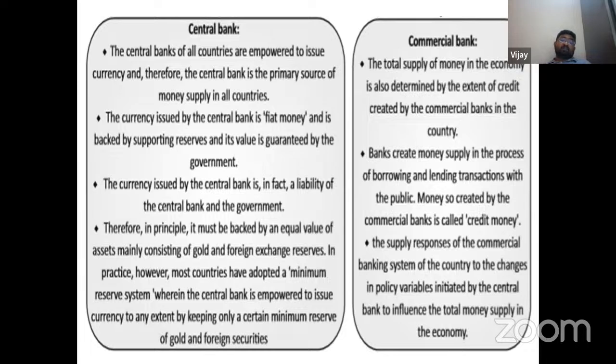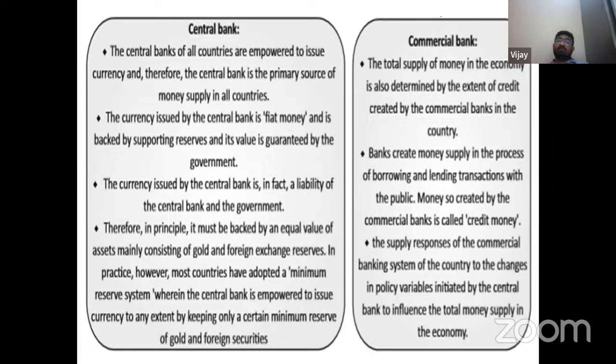This fiat money is based on the guarantee given by the government, that is, based on the government securities, foreign exchange reserve, and gold, which we call the minimum reserve. Based on this minimum reserve, currency notes will be printed.